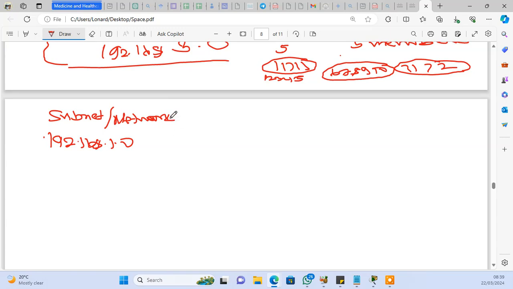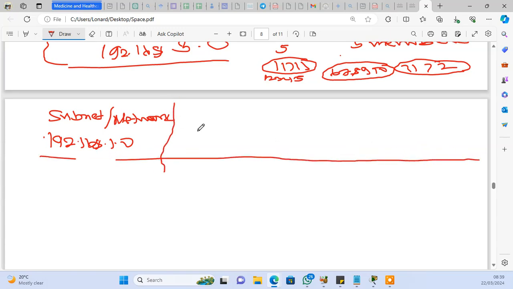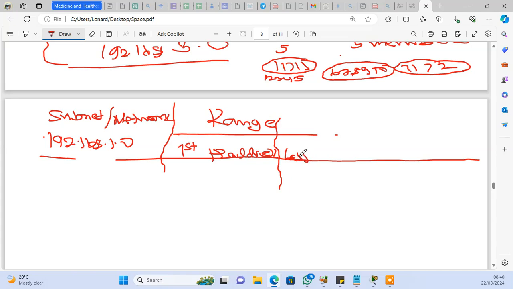Okay. Then we need the range. Now in the range we have the first IP address or first host, and then the last IP address, then broadcast.